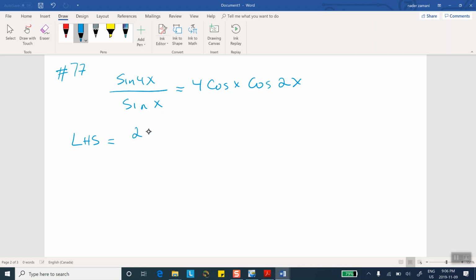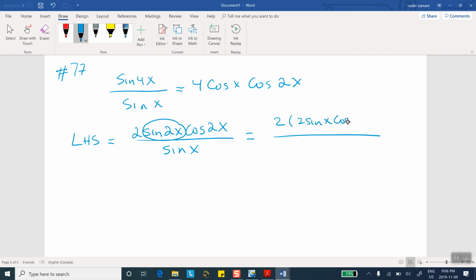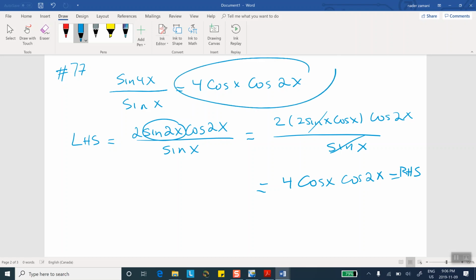This is going to be 2 sine 2x cos 2x divided by sine x, right? Good. And this thing is itself 2 sine x cos x, and of course times cos 2x divided by sine x. Now notice that this cancels that, and you have 4 cos x cos 2x, which is your right hand side. There we are.